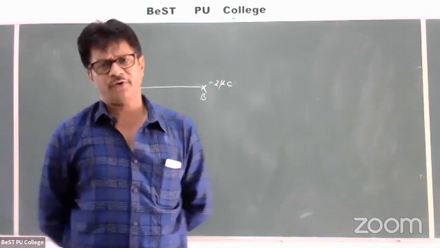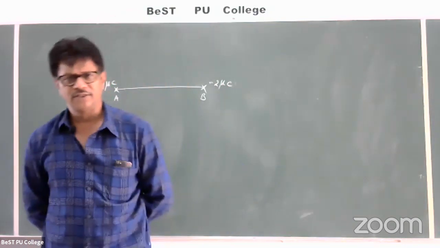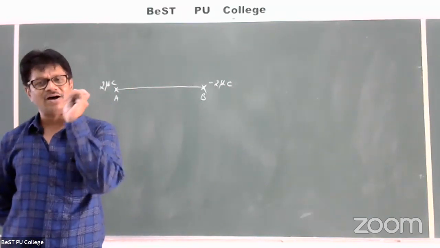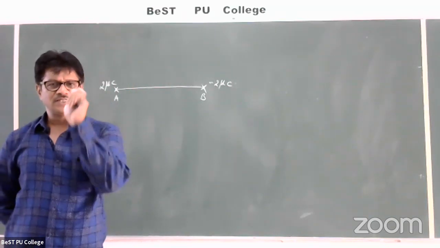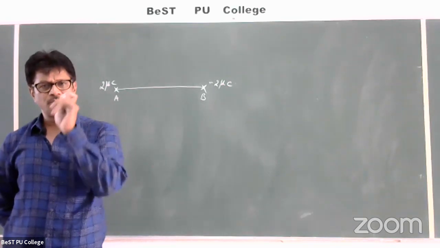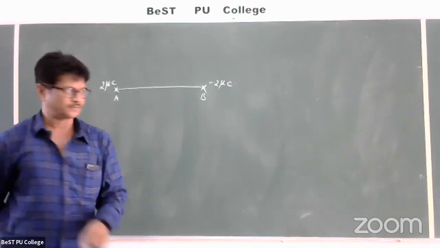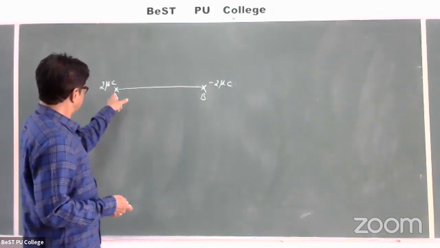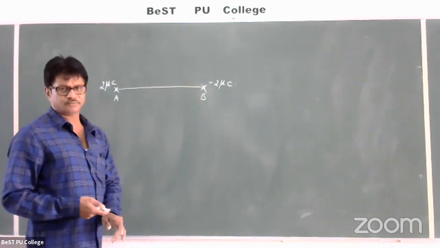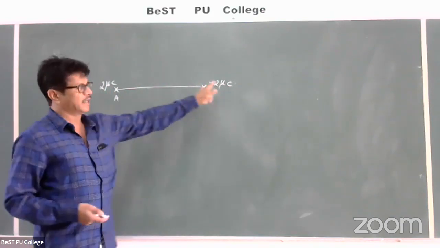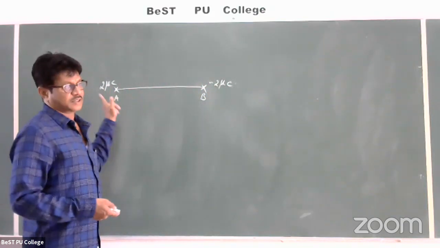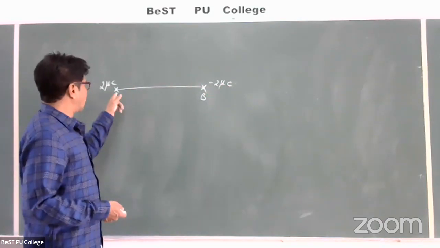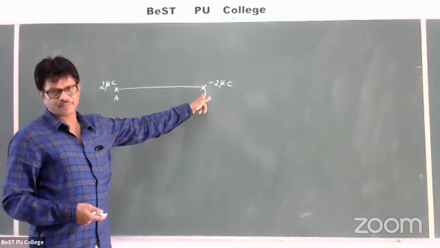How will you identify what is an equipotential surface? The surface at which the potential is same at all the points. Already we discussed, by seeing this diagram, because of two equal and unlike charges separated by a certain distance, it will look like a dipole.